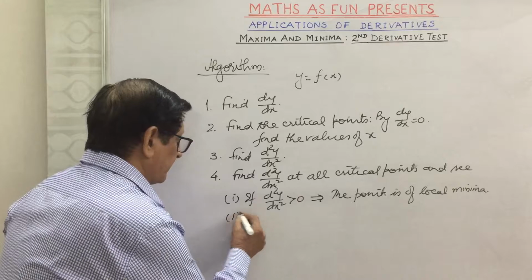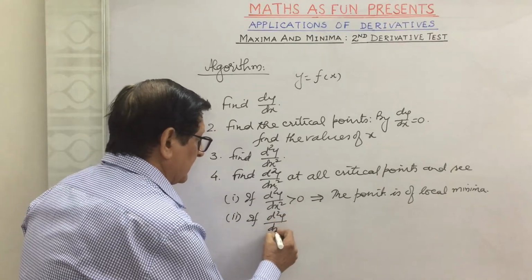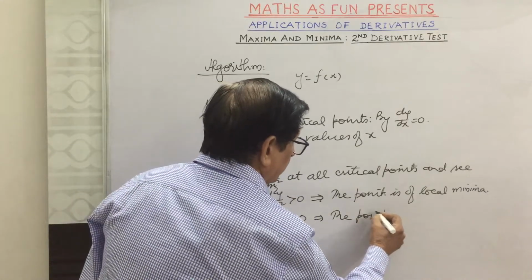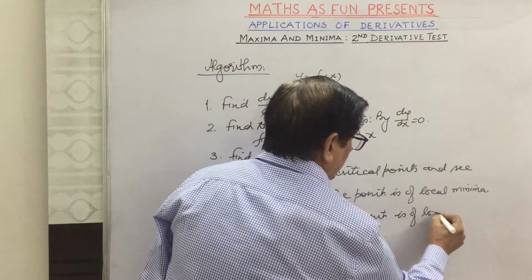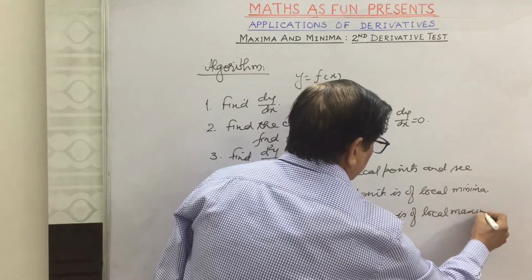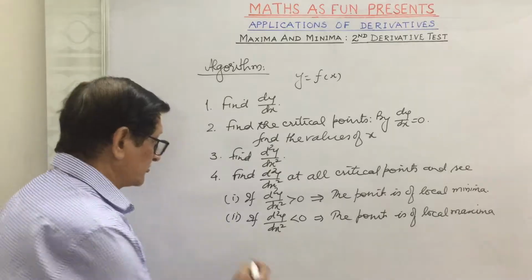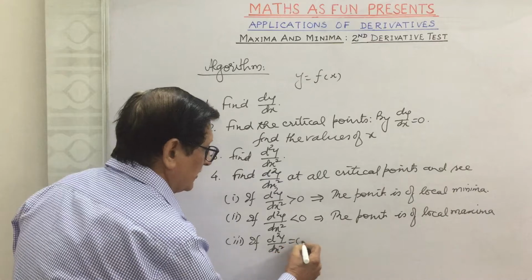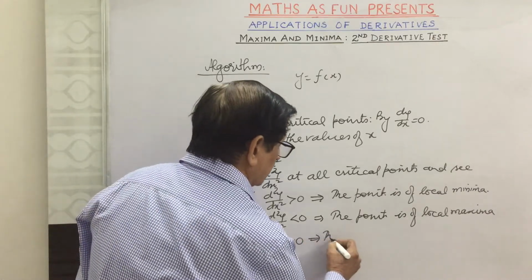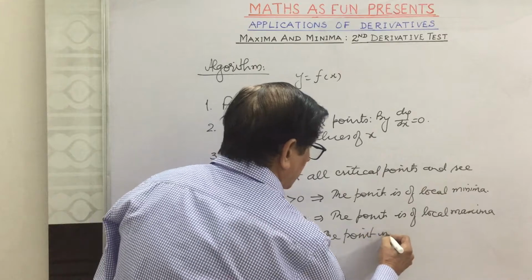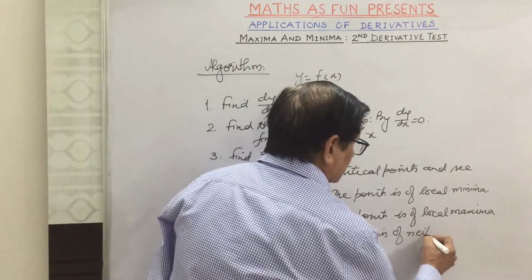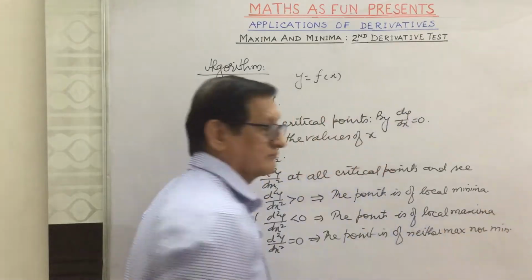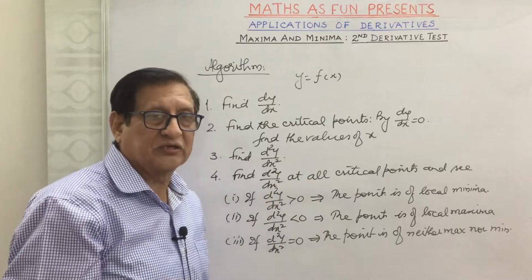Second, if d2y by dx square is less than 0, then the point is of local maxima. And number 3, if d2y by dx square is equal to 0, then the point is of neither maxima nor minima. That may be a point of inflection.